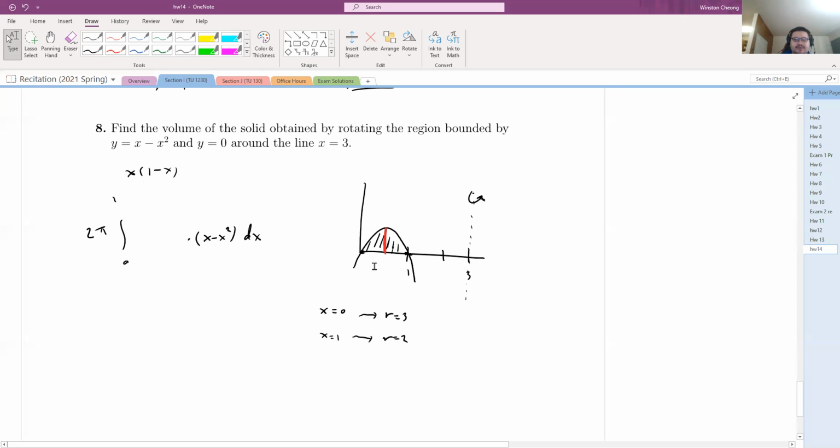As this is moving, the radius function is varying in a steady fashion, meaning it should be linear. I don't know if this makes sense intuitively to you guys, but to me, it tells me that the radius function is 3 minus x.